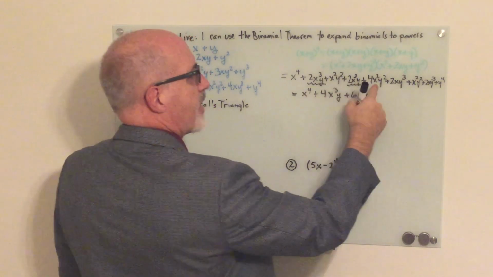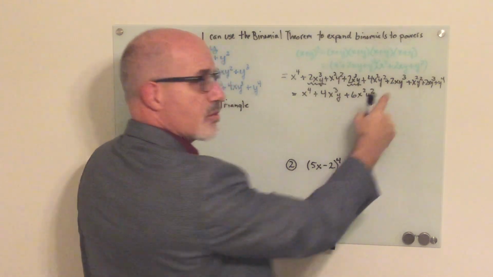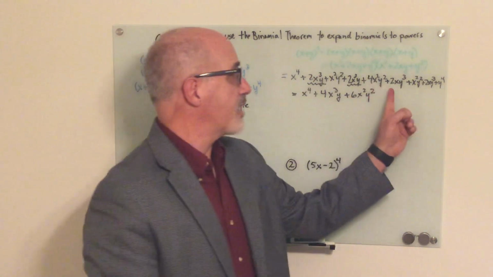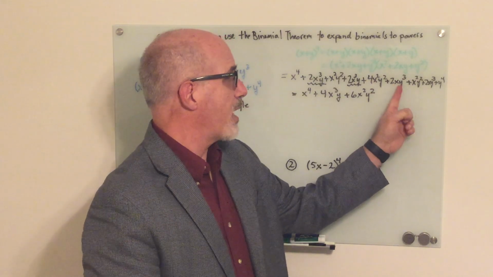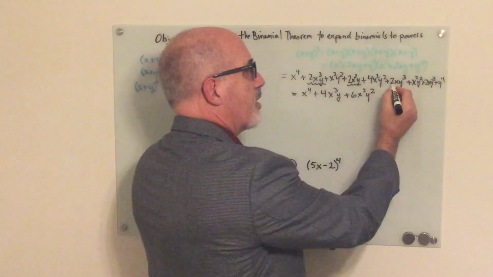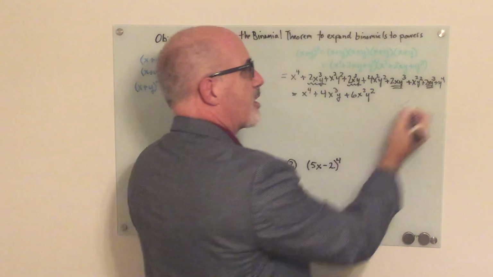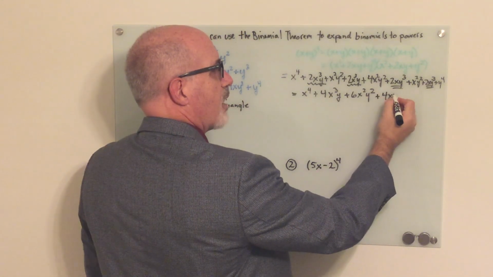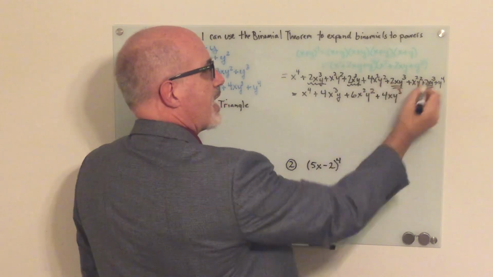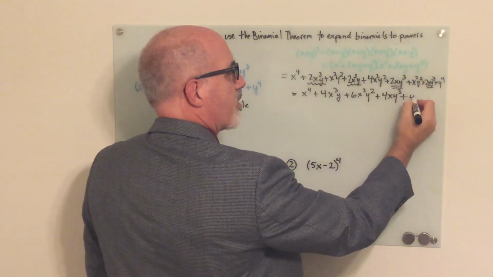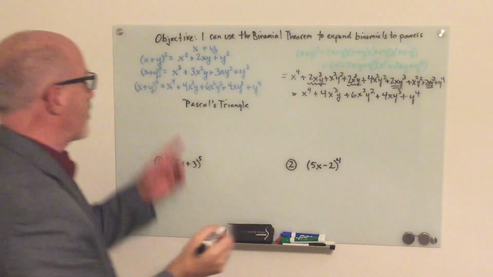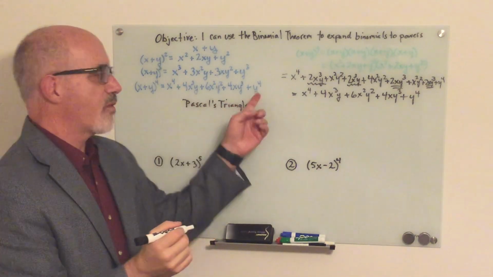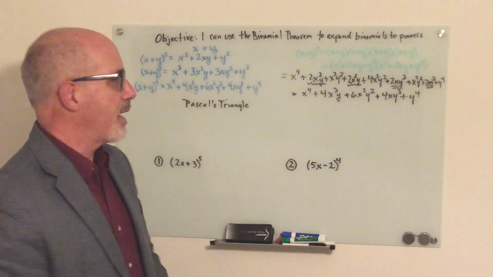Then the xy cubed terms, this one here with this one here combined gives me 4xy cubed. And lastly, we've got our y to the fourth. So that gives me the result I was looking for if we multiplied it out by hand.